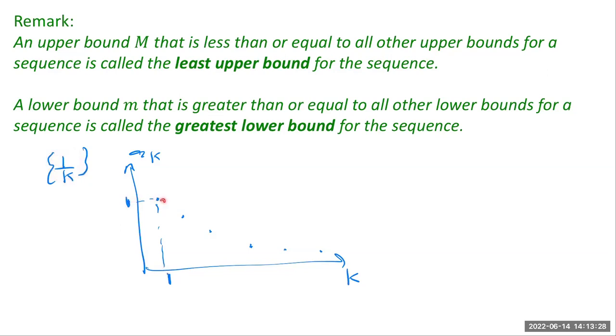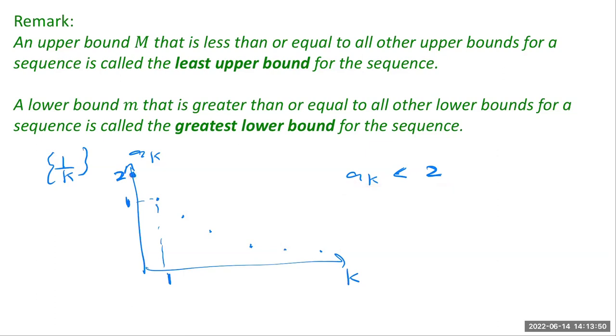We saw that this was a decreasing sequence, and we also saw that 2 is an upper bound, right? All the terms of your sequence are strictly less than 2, below 2. That means 2 is an upper bound.